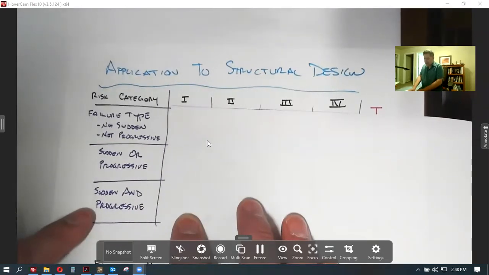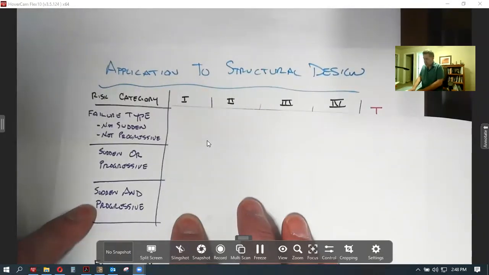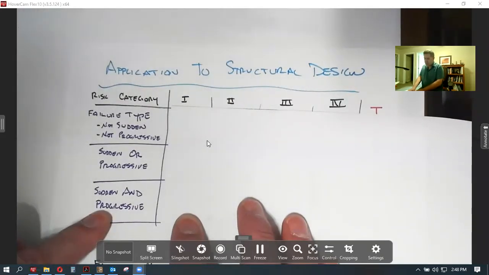Unlike down here at the other extreme, where it's very sudden, with no warning of impending doom, a fracture or a buckling type of thing, and the consequence of that spreads widely to the rest of the system. So we have potentially much greater likelihood of really bad stuff happening from a human safety standpoint.